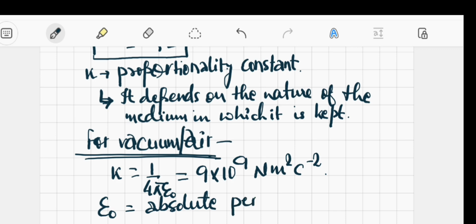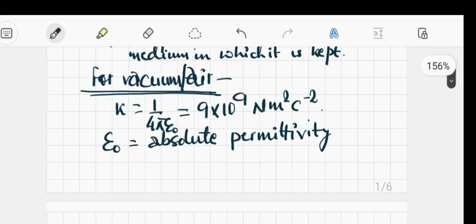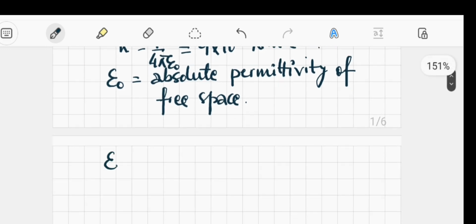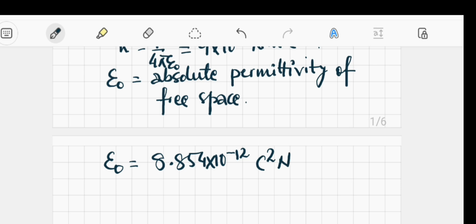Absolute permittivity, the permittivity of free space, whose value, that is epsilon naught, is equal to 8.854 into 10 to the power minus 12 Coulomb square per Newton per meter square.